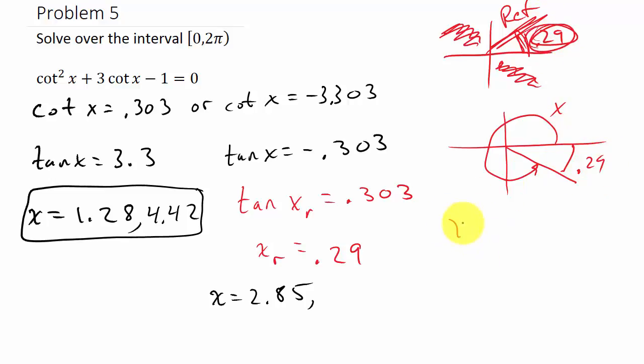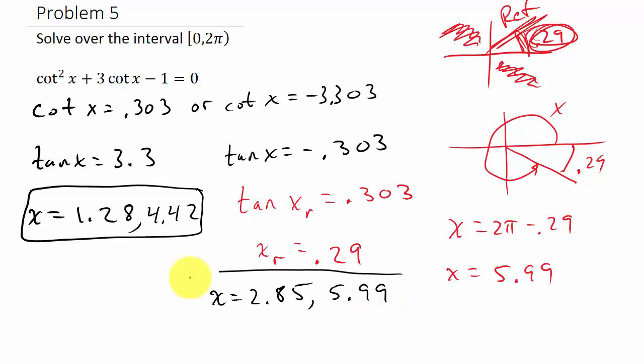And so x is going to be 2 pi minus my reference angle. So x is 2 pi minus 0.29. That is going to give me 5.99. And there's my solution.